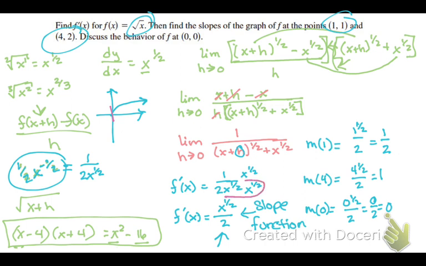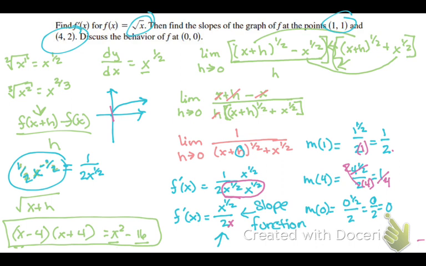We moved the x to the 1/2 up top, but what didn't we do? What's x to the 1/2 times x to the 1/2? x. So this should be over 1, which would still give you 1/2. But this should be over 4. So this was 2, so it would be 1/4.